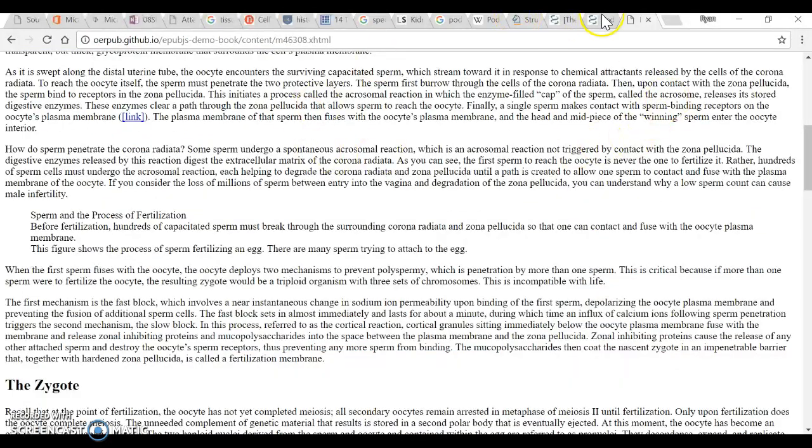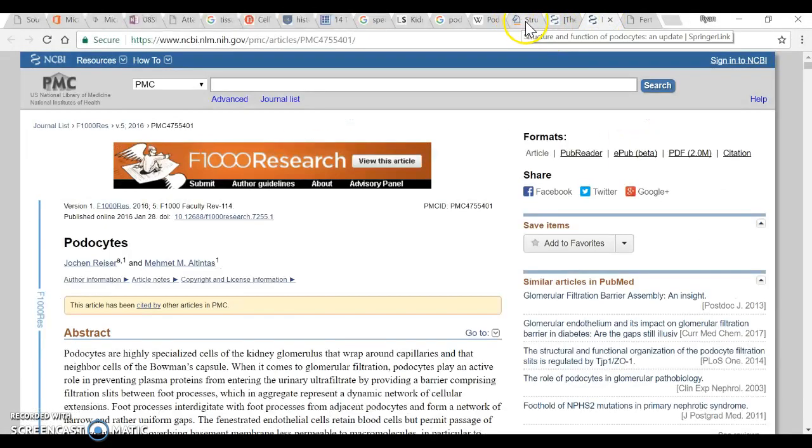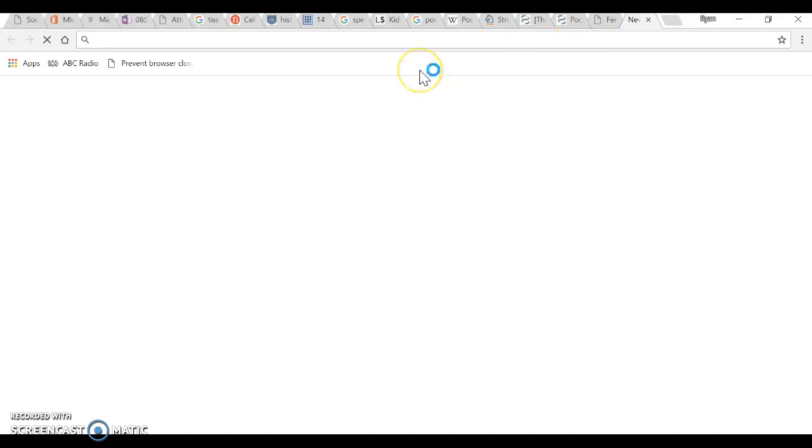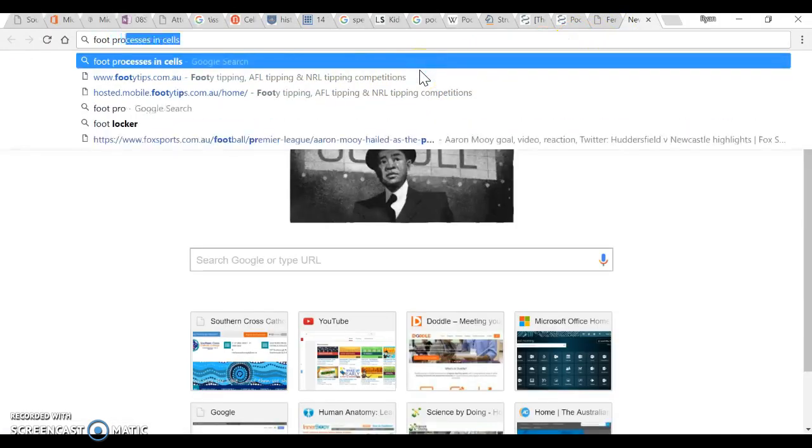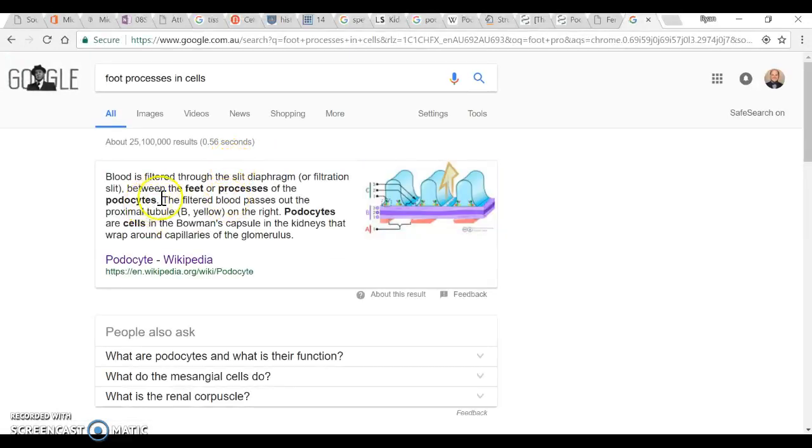And then it keeps talking about those foot processes. So then I start Googling that. Foot processes in cells. What the hell is that? All right. So blood is filtered through the slit diaphragm, the filtration slit between the feet or foot processes.